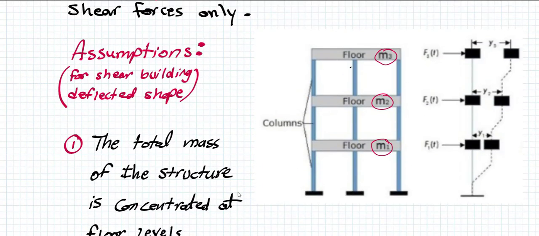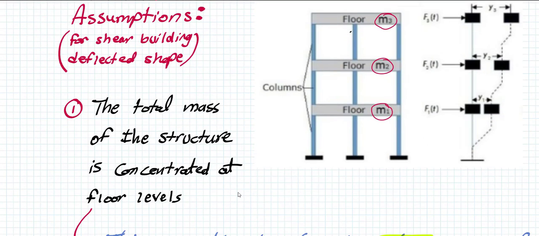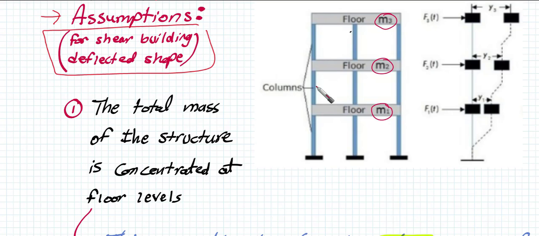Now, if we are going to talk about this, we need to mention some assumptions that are important for us to derive the equation of motion. So we're going to talk here about assumptions for the shear building deflected shape. If we look at this building, as you can see, we have 3 floors.